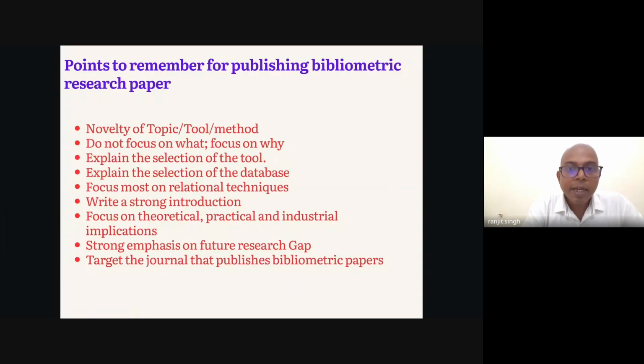Next is method. There are several methods for conducting bibliometric analysis, and each author has their own thought process to design the bibliometric analysis. And if your design is novel and you are a pioneer in that method, then there is a chance your article will be published. So keep in mind that novelty of topic, tool, and method is necessary for publishing bibliometric analysis.